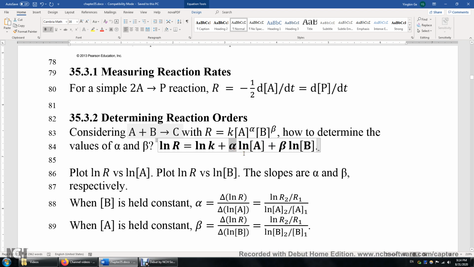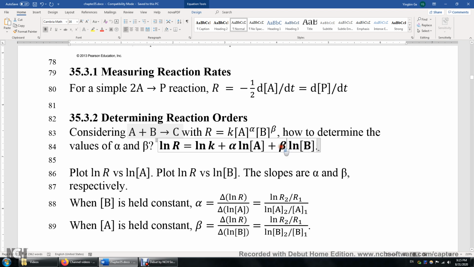So basically, you just need to plot this ln r versus ln a. Do a linear regression. Determine the slope. The slope is alpha. And similarly, you can hold a constant and then plot ln r versus ln b, and then determine the slope.